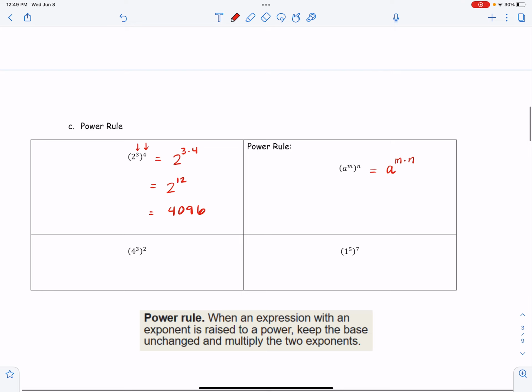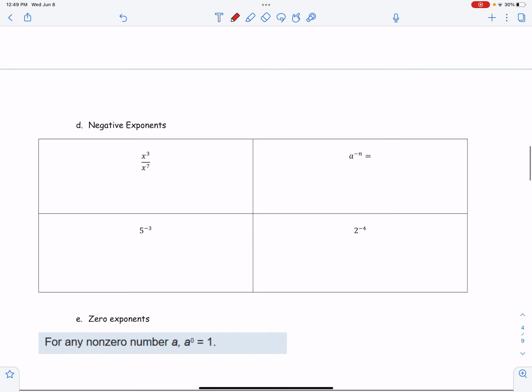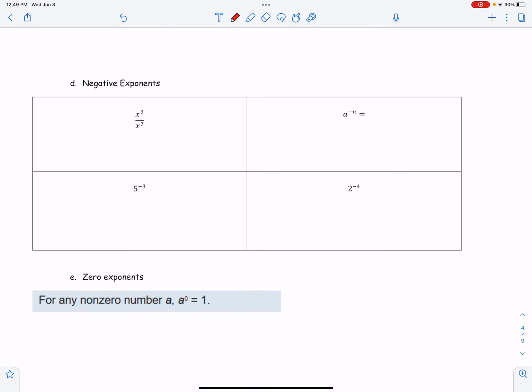All right, so again, when you're multiplying, add the exponents. When you're dividing, subtract the exponents. When you're raising a power to a power, multiply the exponents together. All right, our next rule here tells us what to do with negative exponents. And what you want to think about is anytime you have a negative exponent, number one, you don't ever want to leave your answer in terms of a negative exponent.